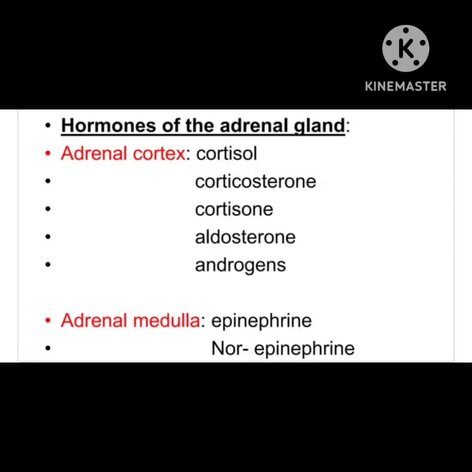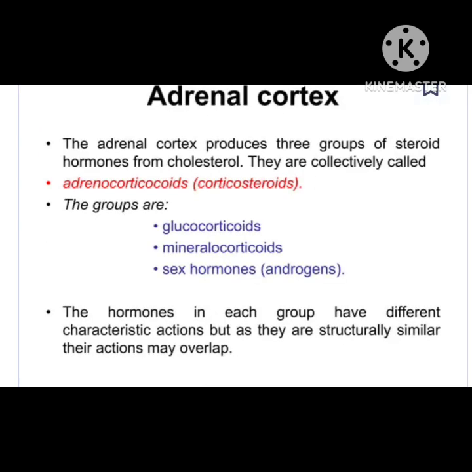Adrenal cortex includes cortisol, corticosterone, cortisone, aldosterone, androgen. And adrenal medulla, epinephrine. You can see here the different hormones of these adrenal glands. The group includes glucocorticoids, mineralocorticoids, and sex hormones.